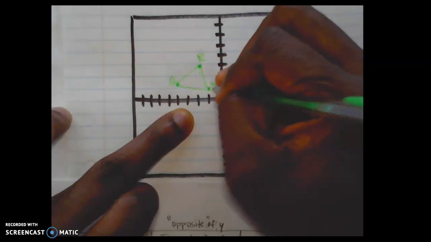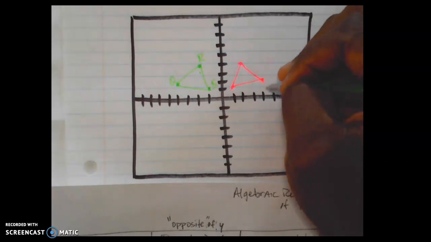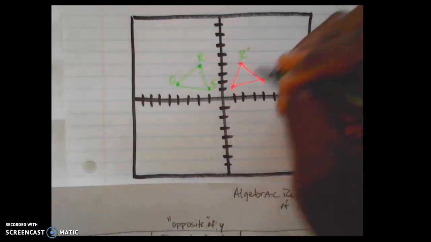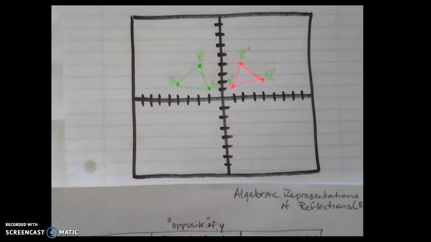This is S, and vice versa. We now have Q prime as, we then have R prime here, and then we have S prime there. The same thing can be said for the other example that I gave.